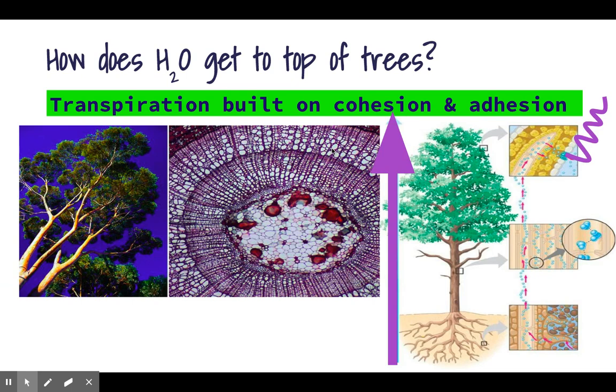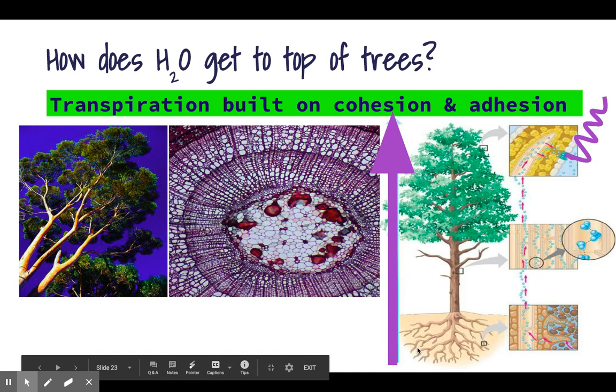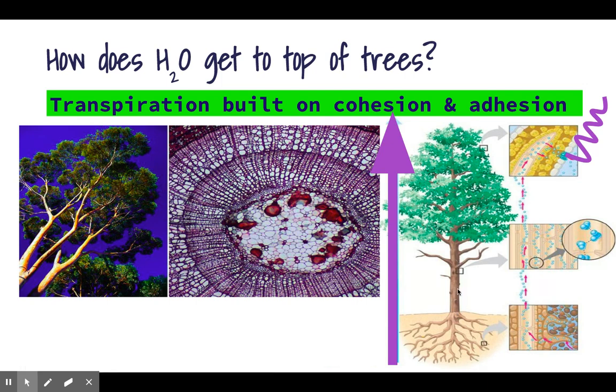So how does water get up to the top of a tree? As we see here, transpiration is built on what is known as cohesion and adhesion. If you think about it, plants obviously need water. As it rains, the water is going to go down to the bottom of the roots. Through capillary pressure or osmotic pressure, water enters through the roots and travels up the tree, all the way to the top of the leaves.